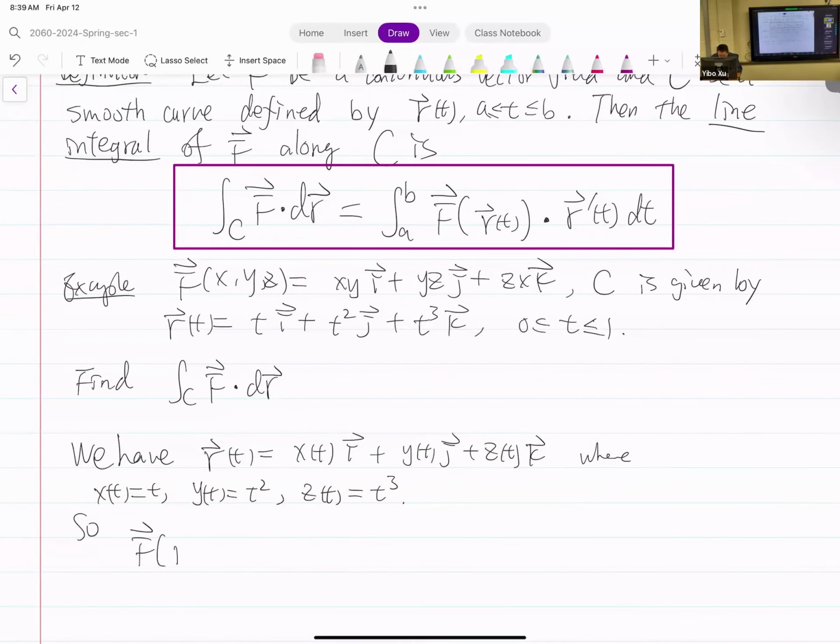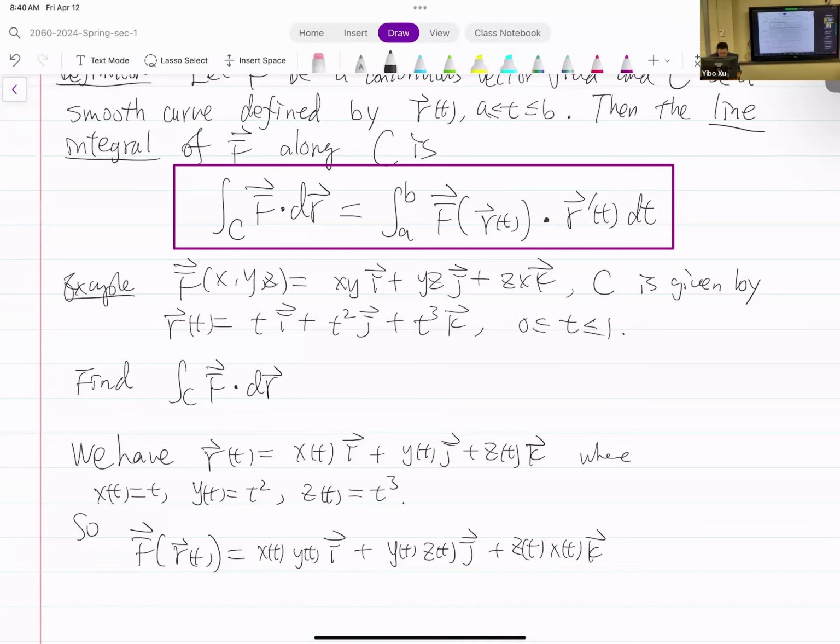So f, the vector field along the curve, is x of t, y of t i. Just by looking at the definition of the vector field, this is xy i plus yz, so y of t, z of t, j plus z of t, x of t, k.